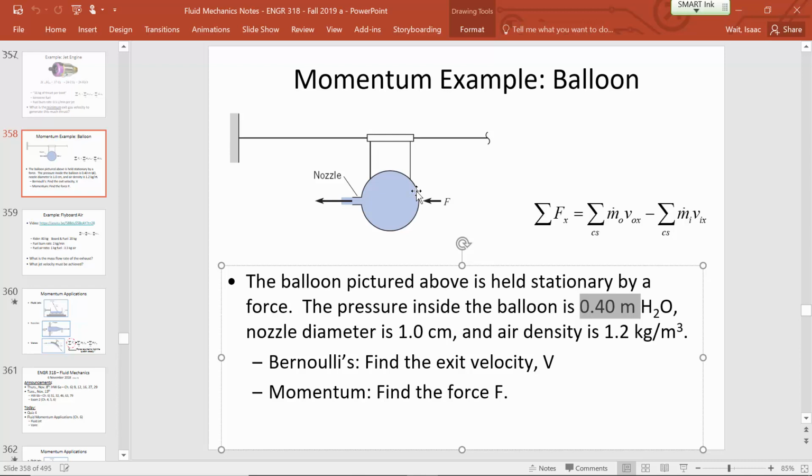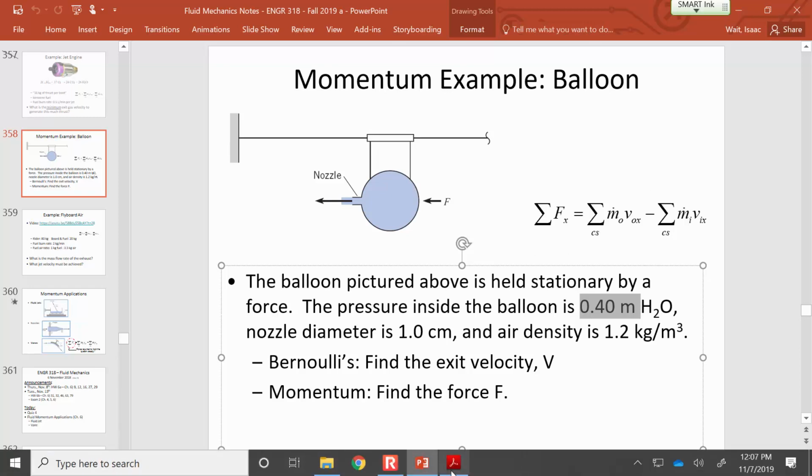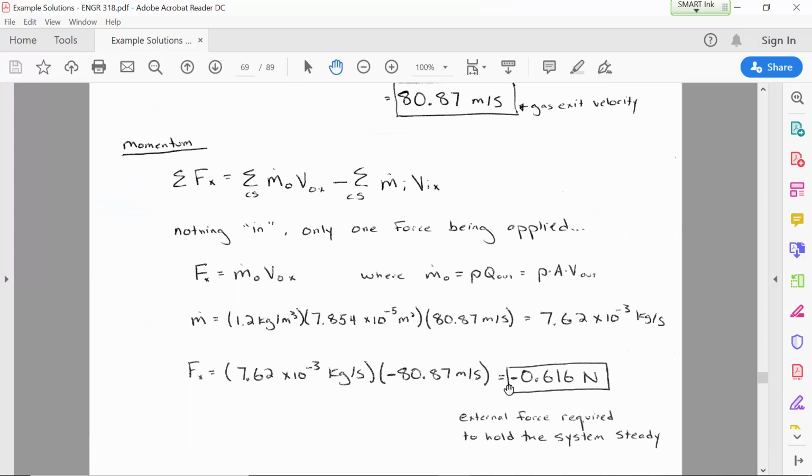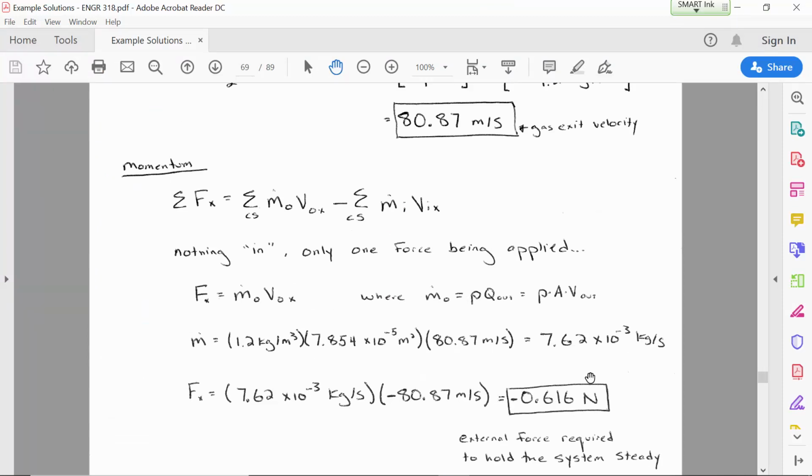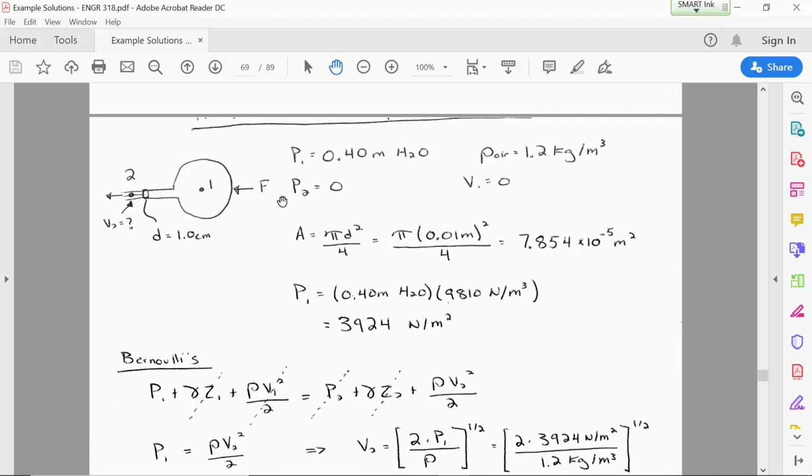We'll talk about the fact that you have to consider the pressure in the pipe as an external force applied at the control surface boundary, but for now just keep in mind that the direction of this velocity is really important to get the correct direction in the force that's applied. So always be explicit about what direction you mean. Here I was showing that the force is to the left.